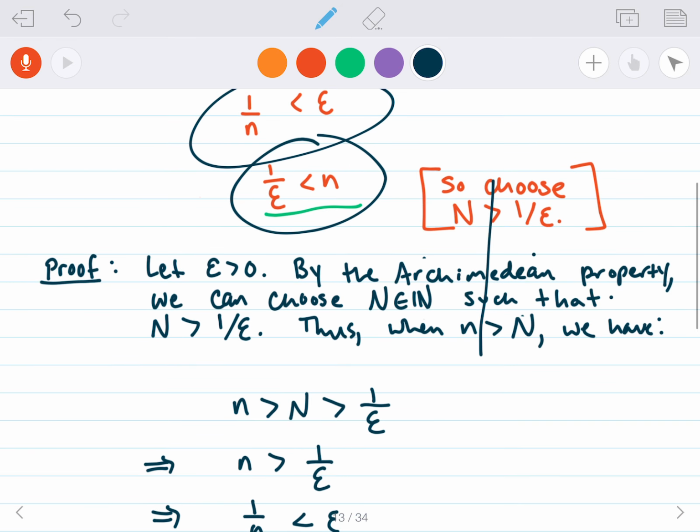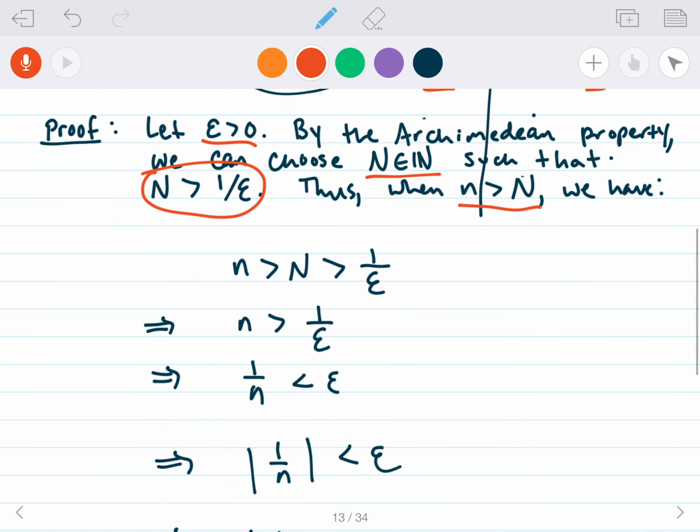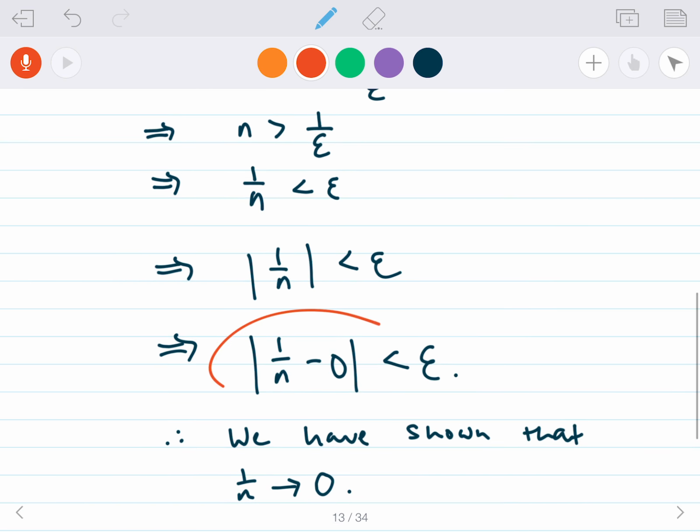Just as a recap, why have we shown this? We've shown that if you give me an epsilon, I can produce a capital N. In particular, capital N is something bigger than 1 over epsilon. I don't care what it is, but I know that it has to be bigger than 1 over epsilon. And then little n bigger than capital N implies this. And we're done.